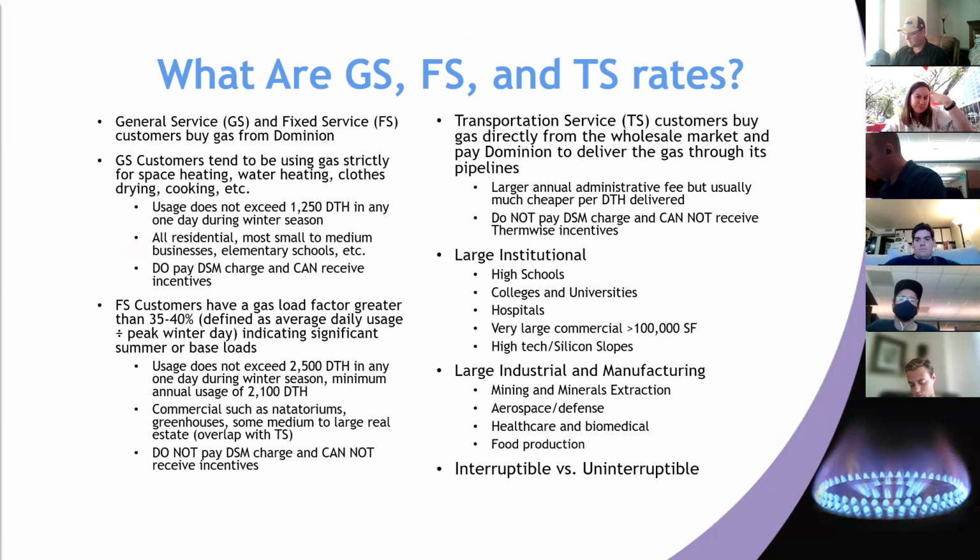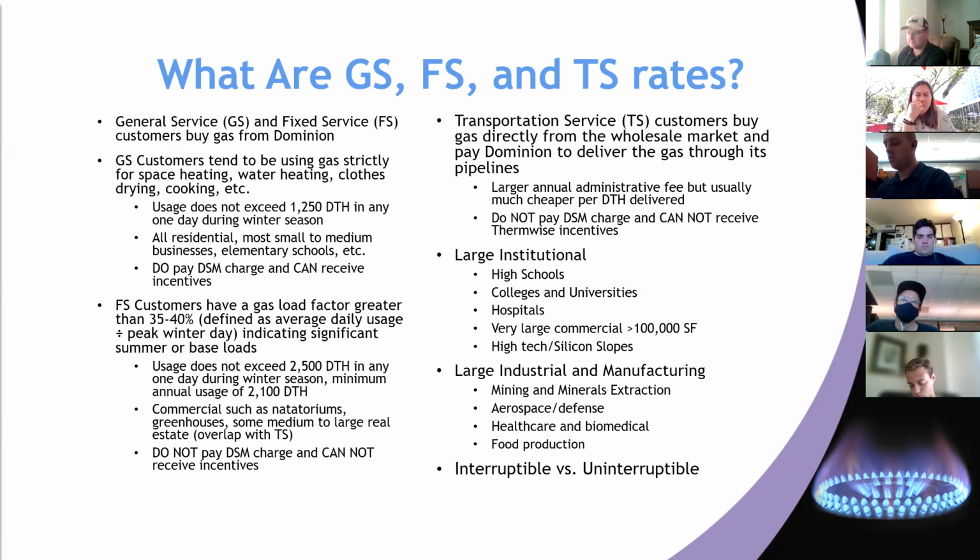So the similarity between GS and FS service is that those customers are buying natural gas from Dominion. The difference between GS and FS is that a GS customer is usually a lot smaller, and they're primarily using it only for seasonal heating and maybe some small loads like water heating or cooking.